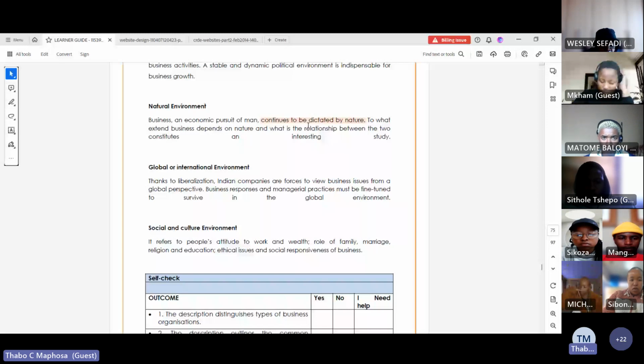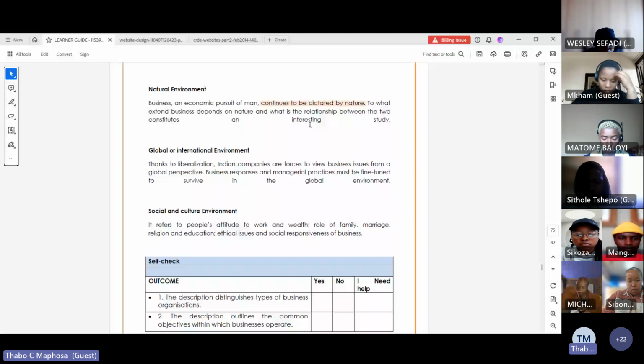And then there is what they call the global and international environment. This here is mostly tied up with the political environment, but it also survives on its own. Most businesses nowadays are actually affected by what happens outside there.